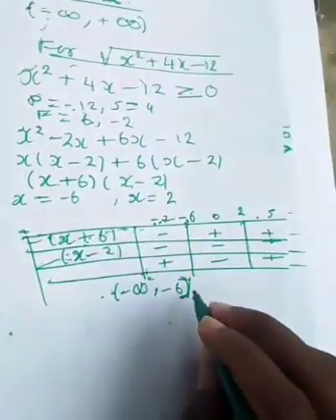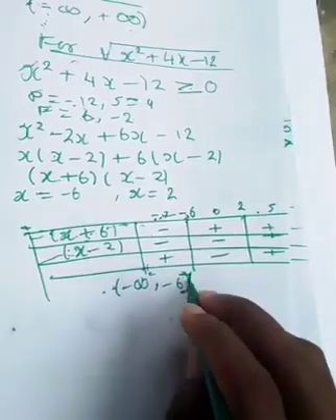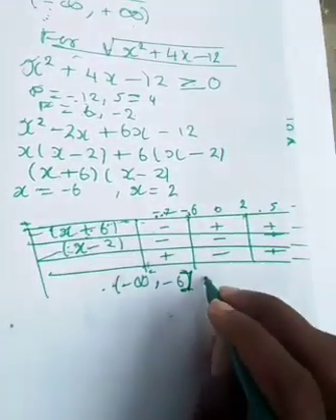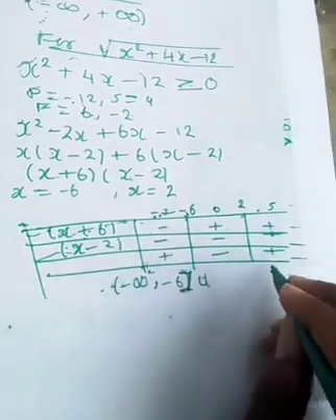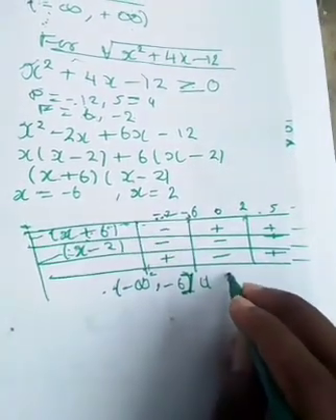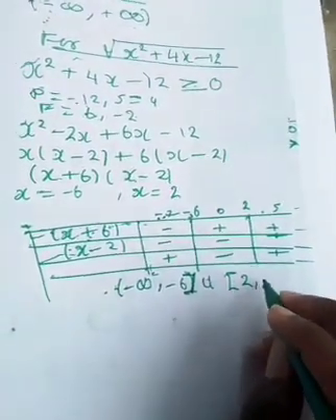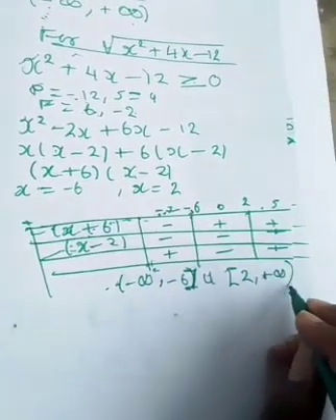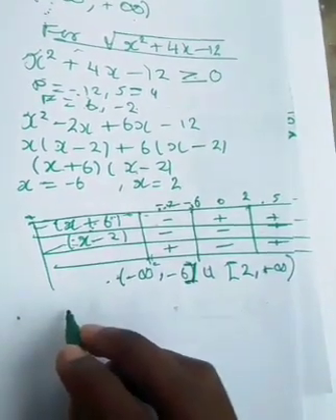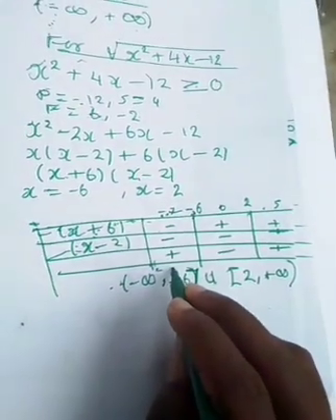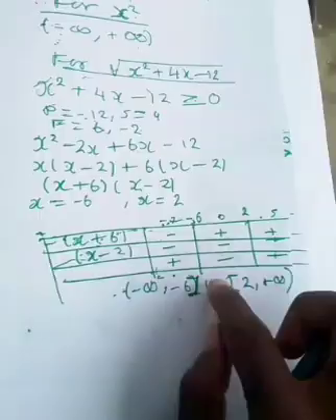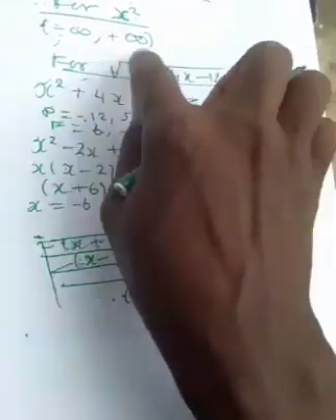So this is a square bracket saying that even negative 6 is part of the set. Then the other region is this positive region, which is from 2 to positive infinity. Okay, so now I've just found the domain for this function. This is the domain.